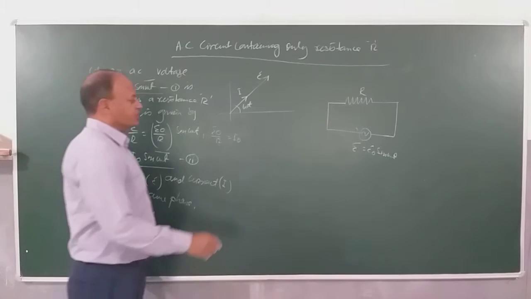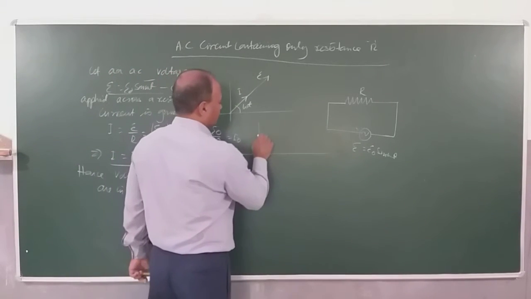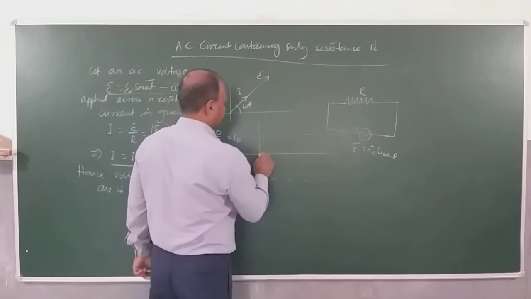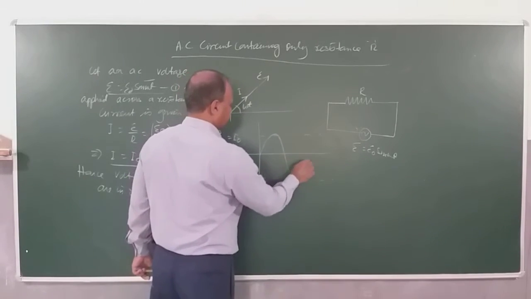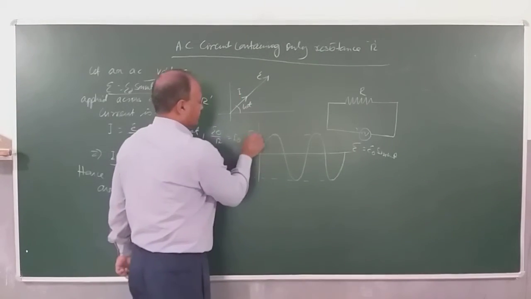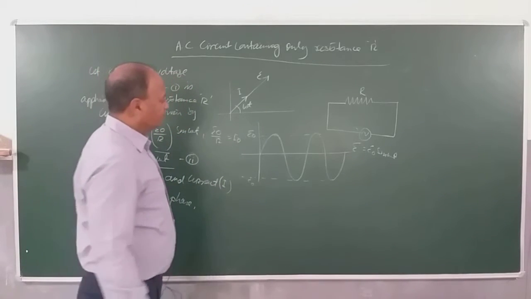Graphically, if I have to see it, children, then here I have this is your voltage, this is E0, and this is minus E0. Clear?